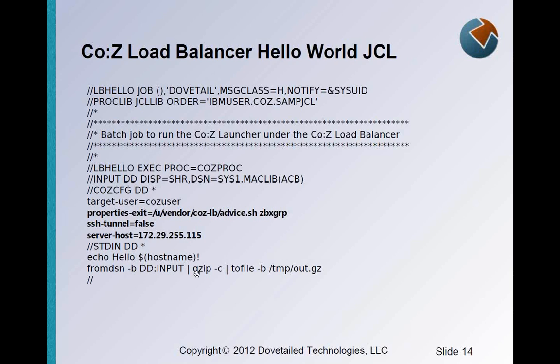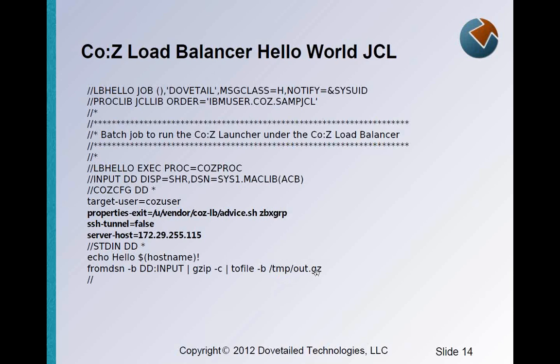It pipes it to gzip in compress mode, where gzip will compress that data, and then it pipes the result of that gzip compression to another dataset pipes utility called toFile, which in binary writes the output to /tmp/out.gz. Now, the question is, where is this tmp out.gz file?